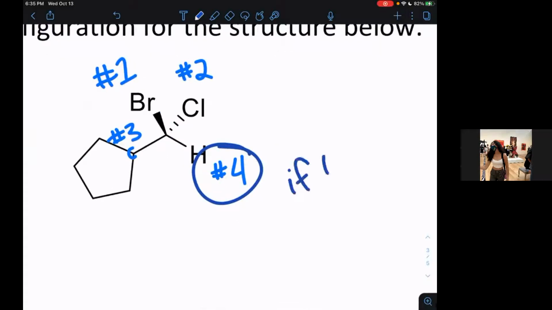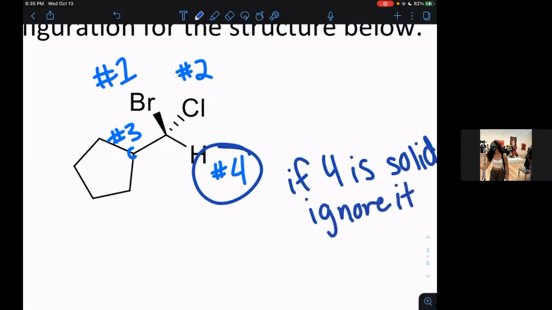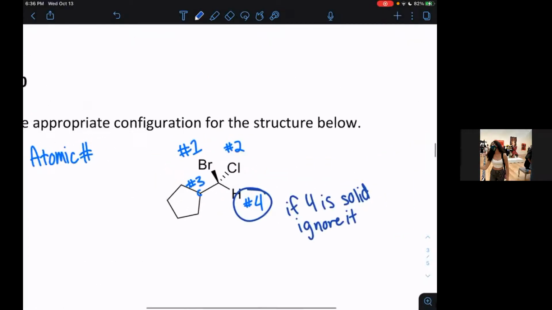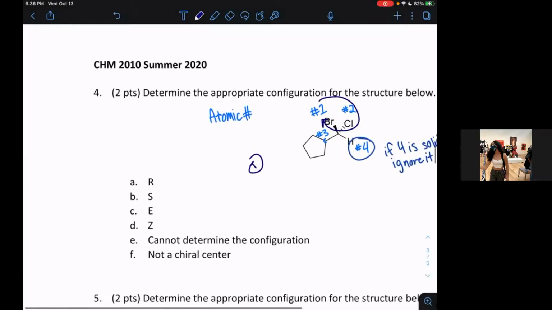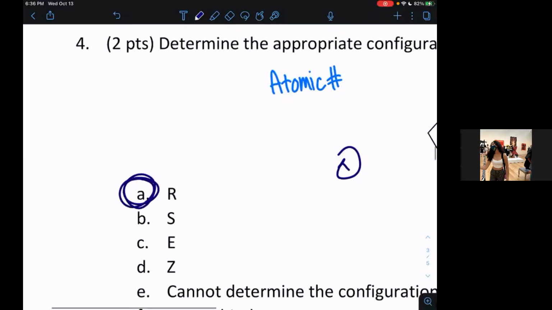So this is going in this direction, and that direction is clockwise. I literally always forget. So R is clockwise.